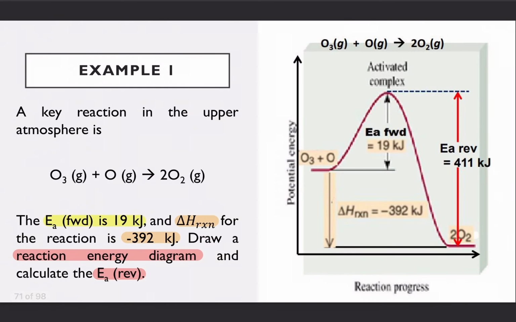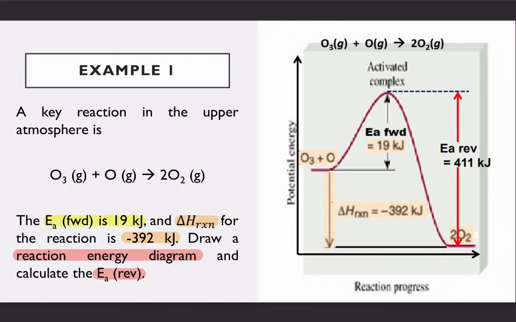Okay, so let's say for this example, a key reaction in the upper atmosphere is ozone gas reacting with oxygen atom gas to form oxygen gas molecule. Okay, so the EA forward is 19 kilojoules and delta H for the reaction is minus 392 kilojoules.